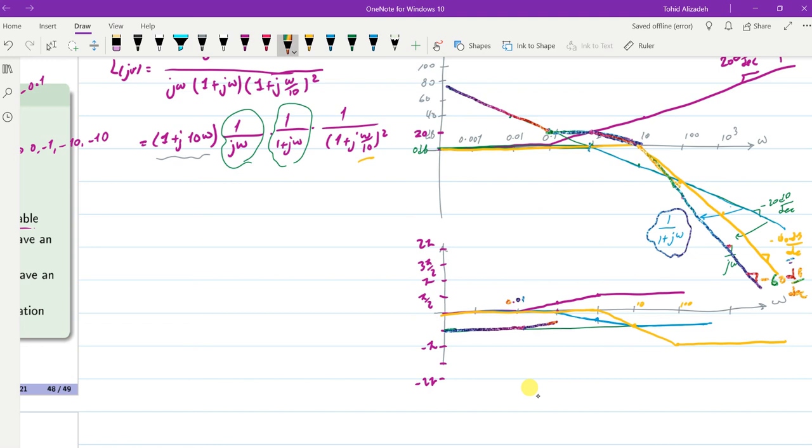And then the pole contribution, the third component over here, will start to decrease the phase. And at the same time, we have some contribution from the 0. So basically, the phase will remain somehow constant.